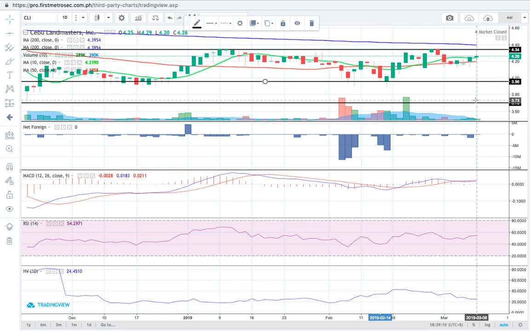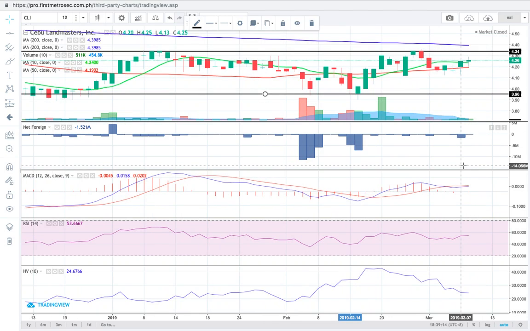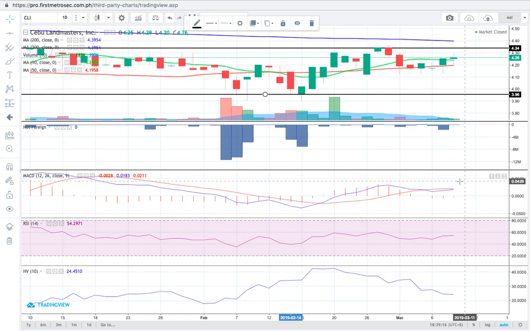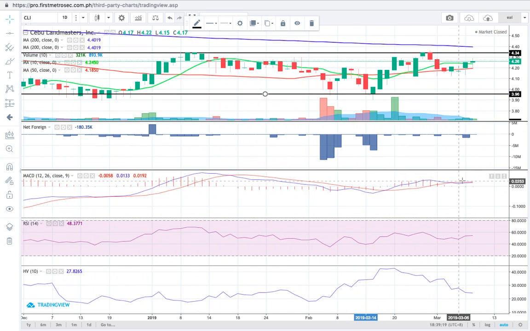In this case, that's not what I'm seeing. And moreover, MACD is still moving below the signal line. Perhaps if CLI closed above 4.30, there will be a chance for us to see MACD crossing or moving above the signal line.